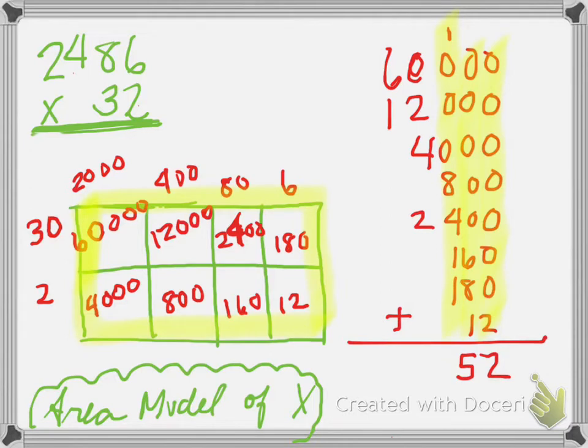So here I've got 1 plus 1 plus 1 is 3. 3 plus 8 is 11. And 11 plus 4 is going to give me 15. Carry my 1. Now I'm into my thousands column, and I was really careful to line everything up here. So I've got 1 plus 2 is 3, 3 plus 2 is 5, and 5 plus 4 is going to give me 9. And then finally, 6 plus 1 is going to give me 7. So the answer to this question here is 79,552.